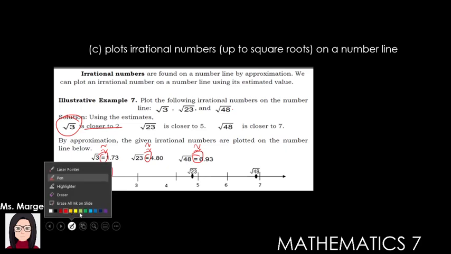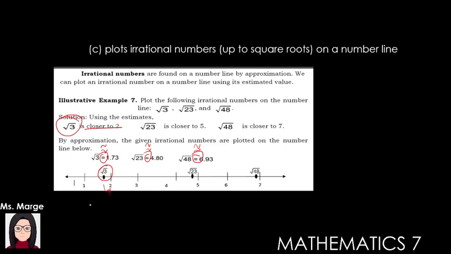Kung i-relate natin yung perfect square radicand, limbawa is square root of 1. So 1 is a perfect square. Actually, 2 dito is square root of 4, and square root of 4 is 2, kung maaalala nyo. Then 3 is actually square root of 9.